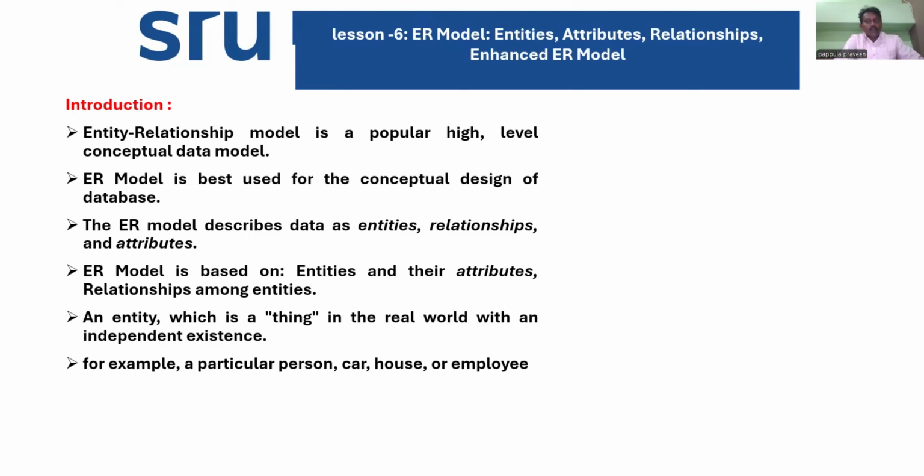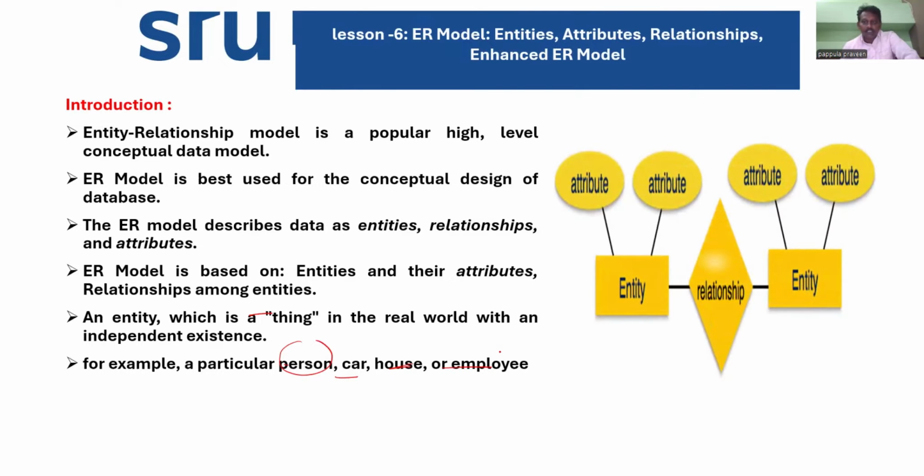You observe here, an entity is a real world thing. Examples are person, car, house, and employee. And next, this is the entity relationship diagram. Here, this is the symbolic representation: this is an entity, and this is also another entity.